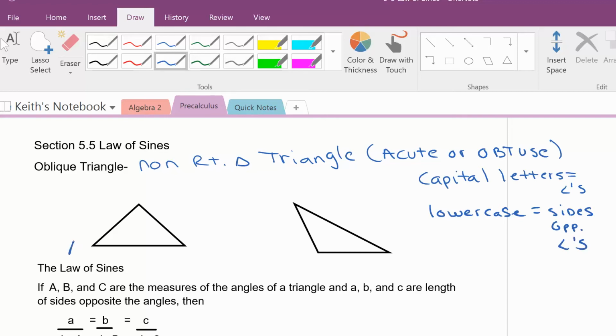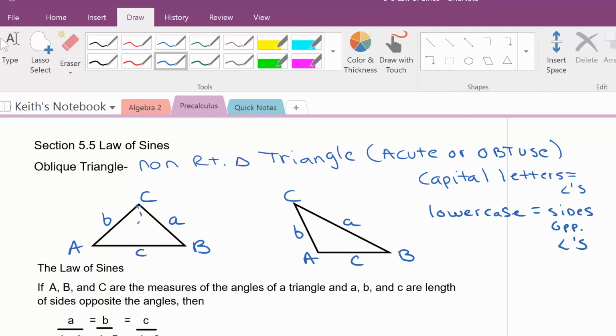So for example, capital A, capital B, capital C, and then side A would go opposite angle A, side B opposite angle B, side C opposite angle C. It doesn't matter where you put A, B, and C in this because there's no right angle. In this obtuse triangle, same thing. You just put the angles and then the sides.